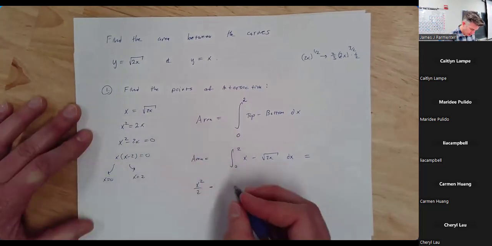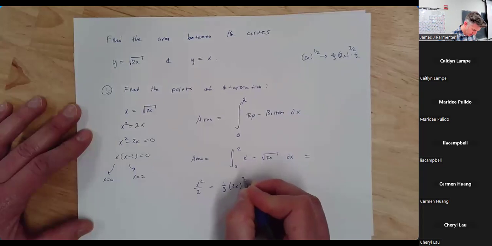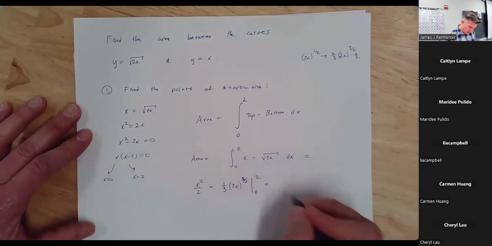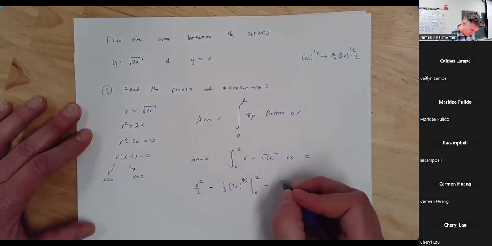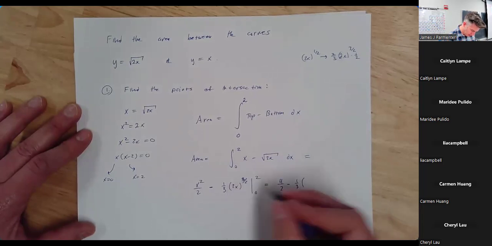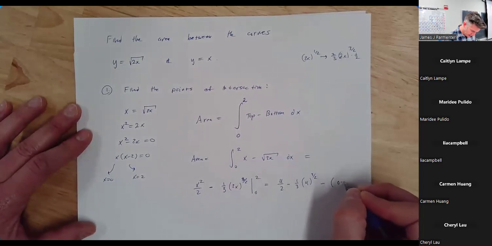So really you're getting 1/3 times 2x to the 3/2. From 0 to 2, we plug in 2, and you're going to get 4 over 2 minus 1/3 times 2 times 2 is 4 to the 3/2, minus 0 minus 0.